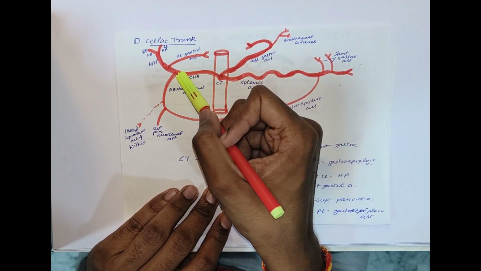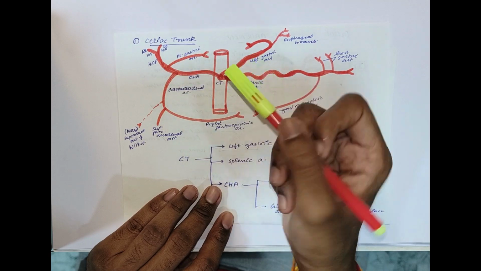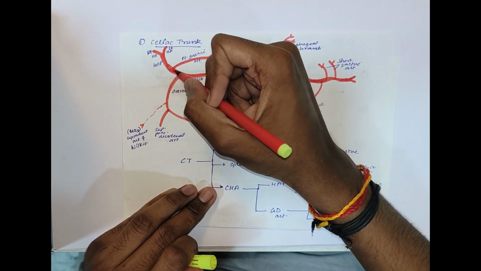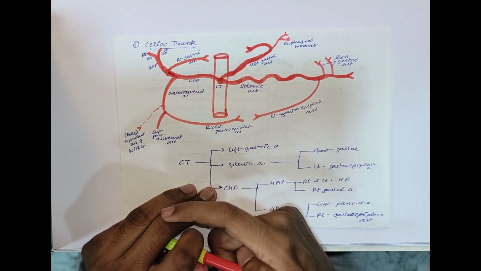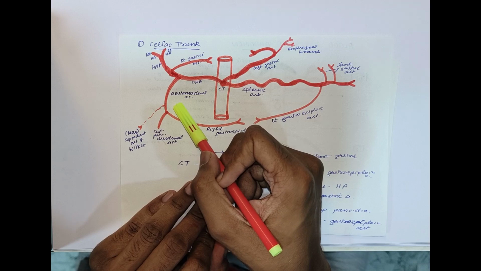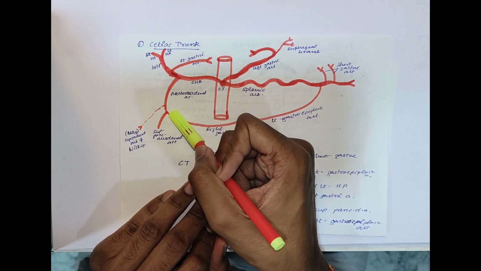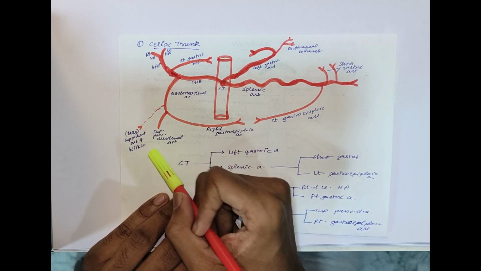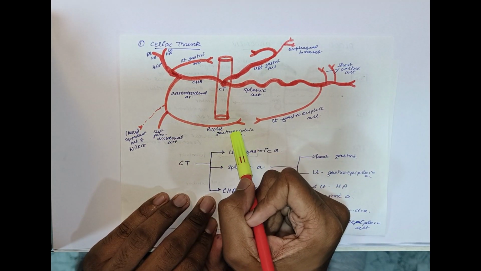The common hepatic artery further divides into two. One is the hepatic artery proper, which you see here, and the other is the gastroduodenal artery. The gastroduodenal artery further divides into the superior pancreaticoduodenal artery and the right gastroepiploic artery.